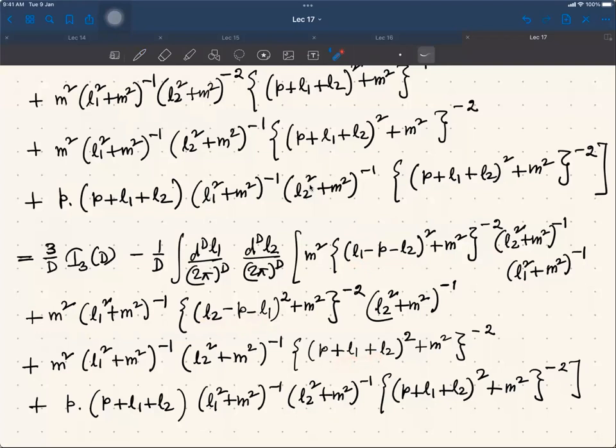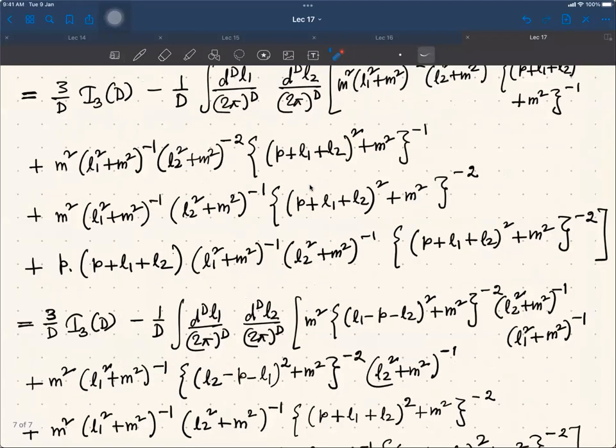That is also not a problem, because the signs of both L2 and L1 can be flipped, because it's a symmetric integral. So both of these can be replaced by P plus L1 plus L2, and hence same as this term.